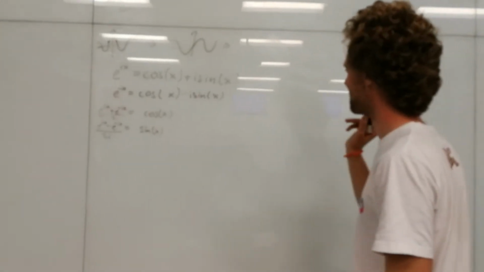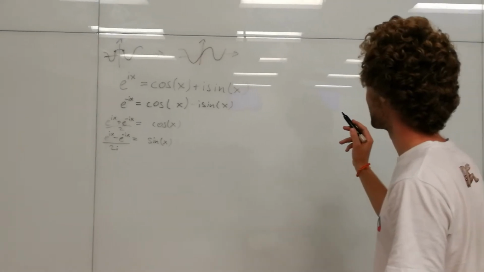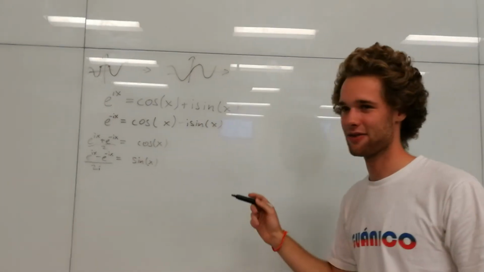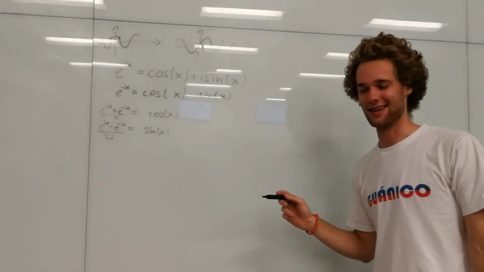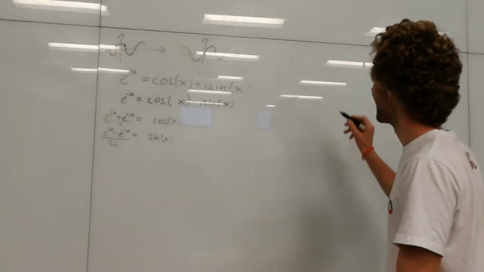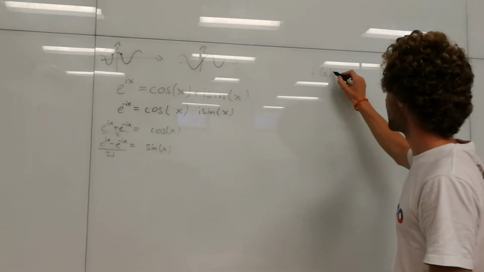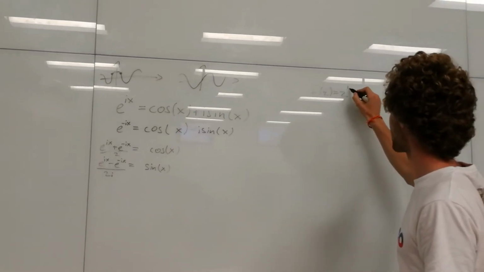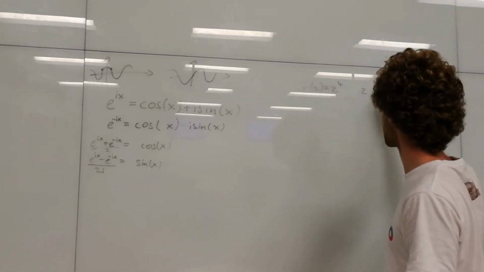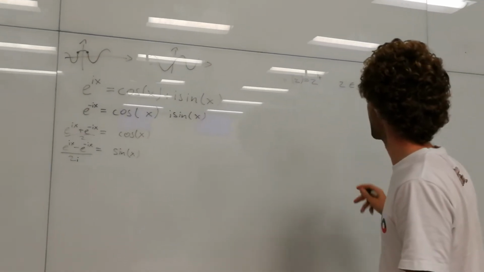So, yeah, how about the easiest example first, just polynomials. A complex function of z equals z to the 4th power, where z is just a complex number.